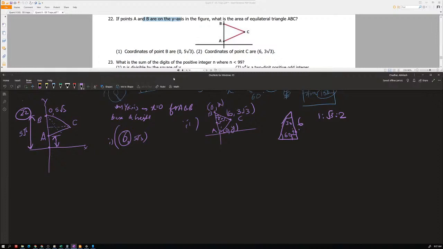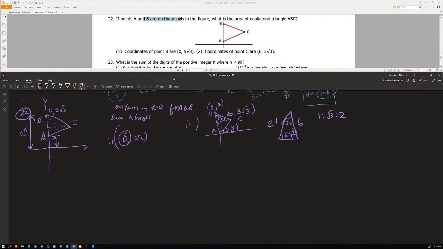So this one side, the hypotenuse, should be 2x basically.